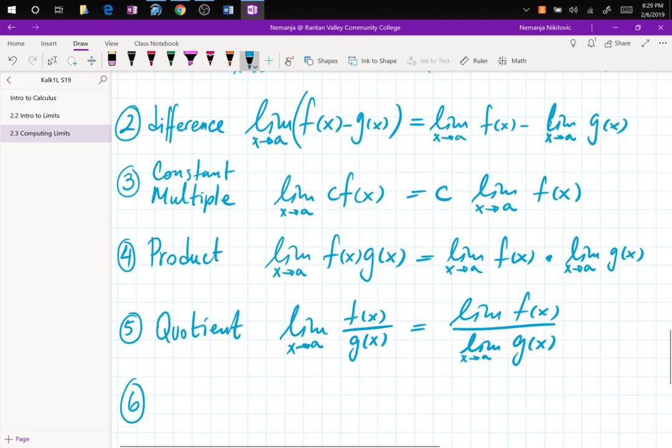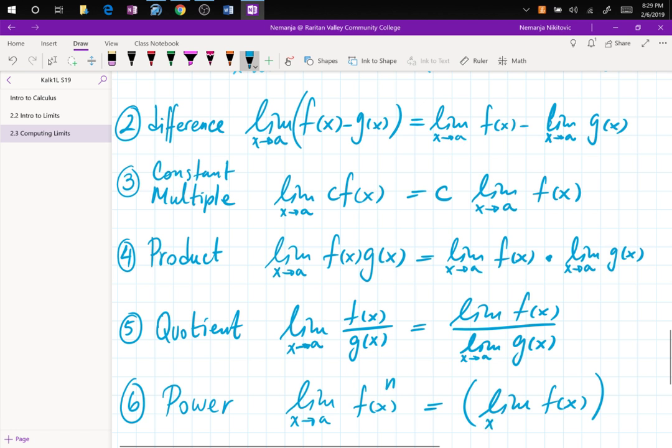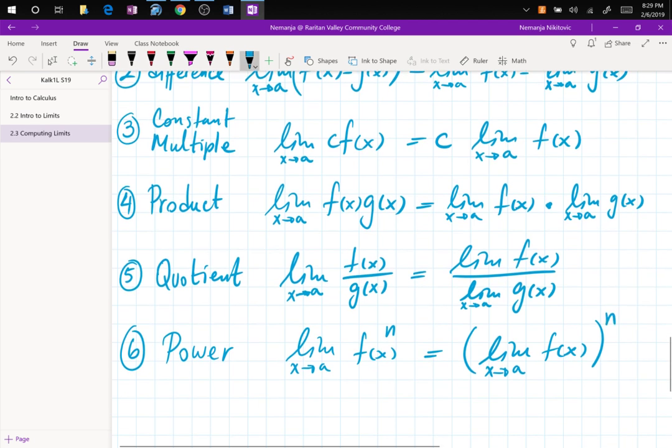Number 6, power. Limit as x goes to a of f of x raised to the n. You can just do the limit of f of x, and then once you find the limit, that's why it's in parentheses, you can raise the whole thing to the power n. Not square, n. Could be cube, could be anything else.